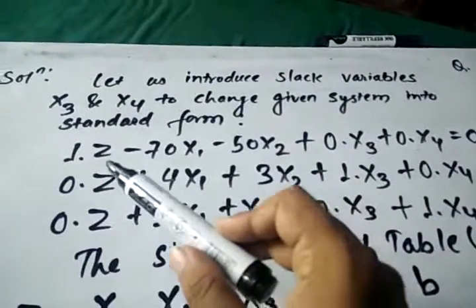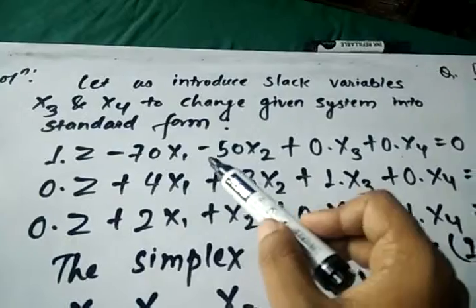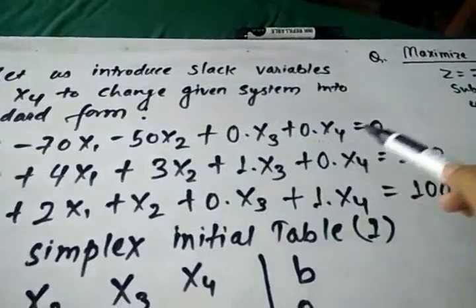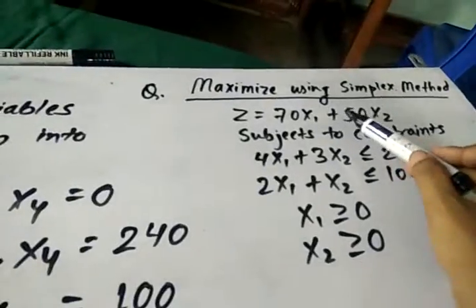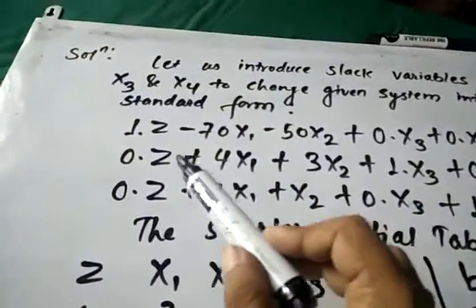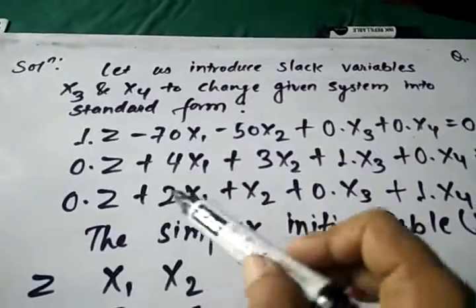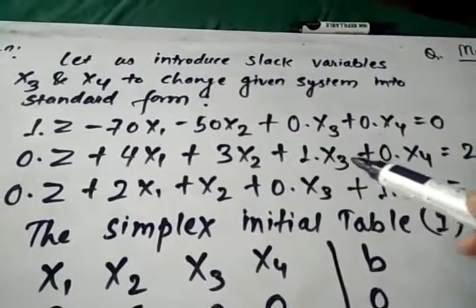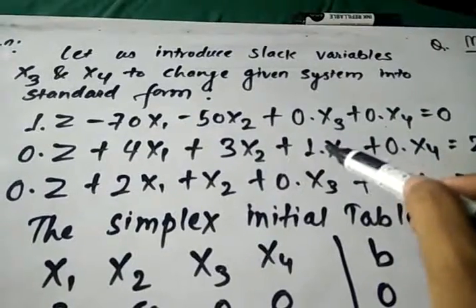Here we have 1z minus 70x1 minus 50x2 plus 0x3 plus 0x4 in this equation. In the second and third equations we will write the slack variables with coefficient 1.